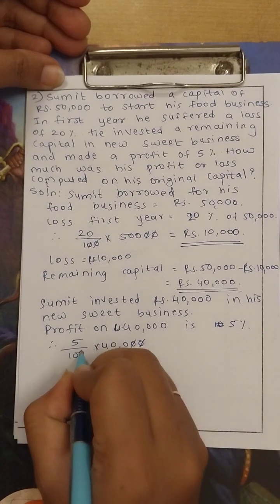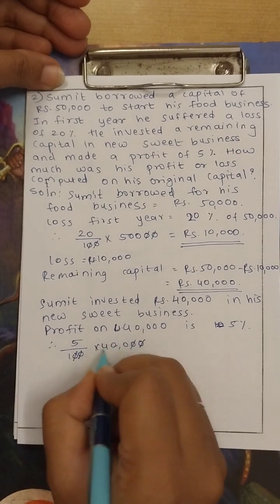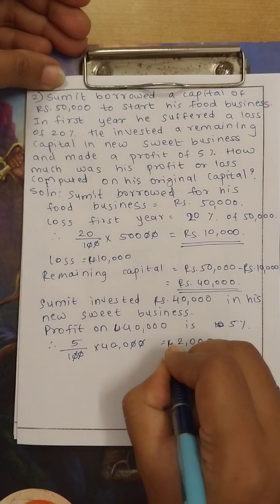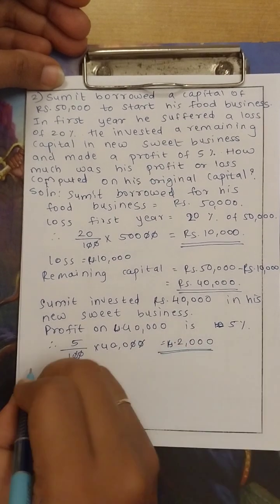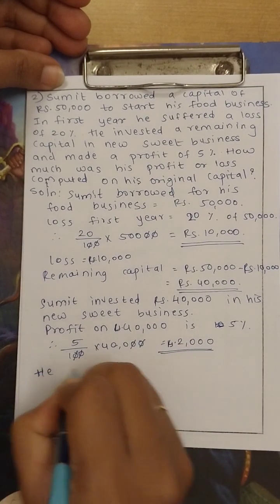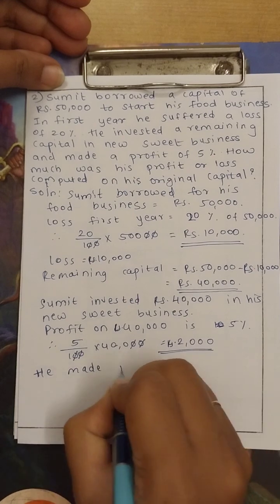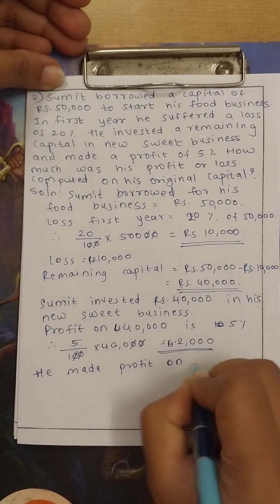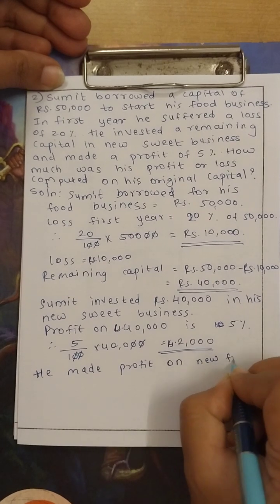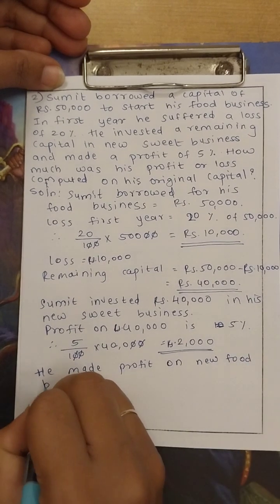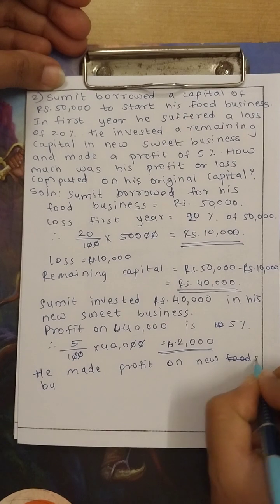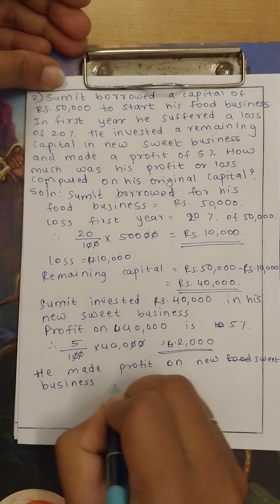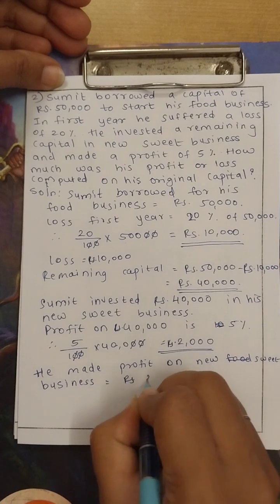Same way, 400 into 5 is 2,000. So he made a profit on the new sweet business equal to rupees 2,000.